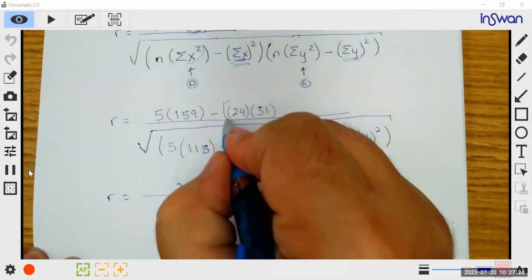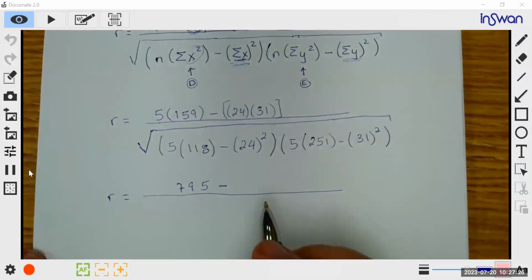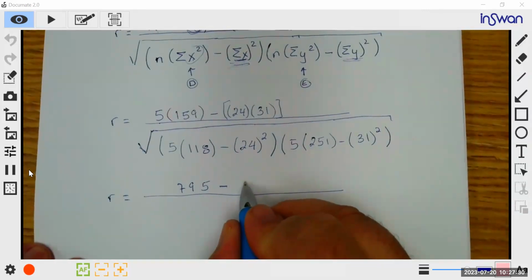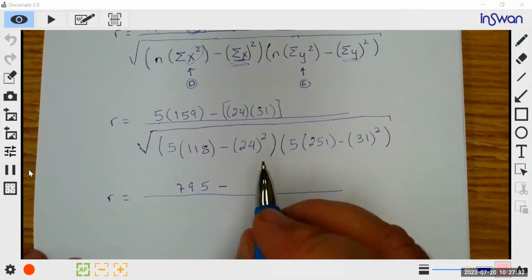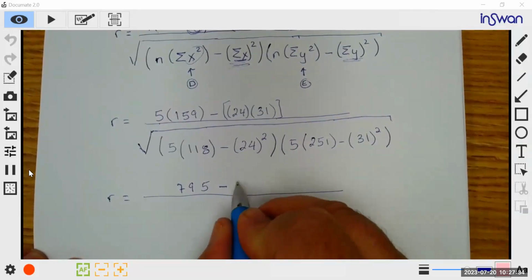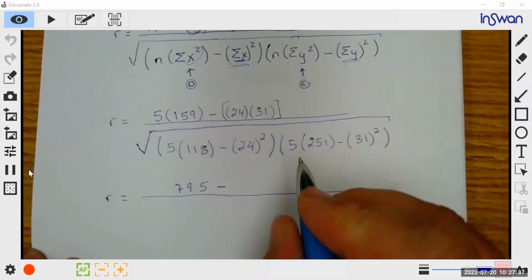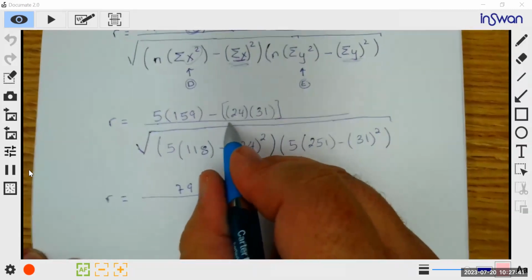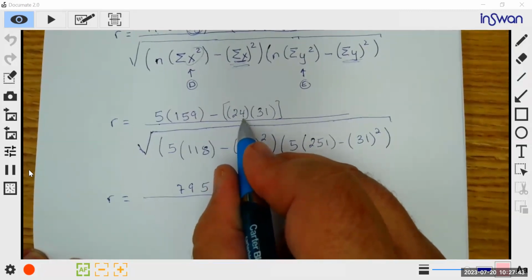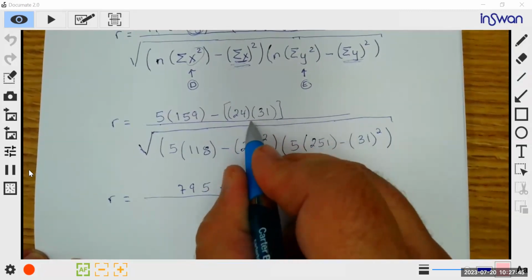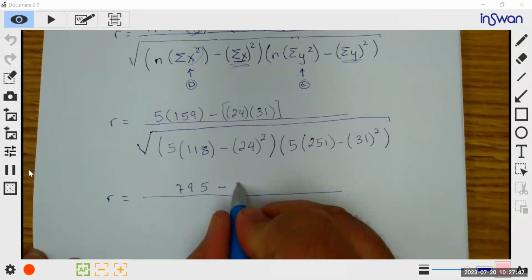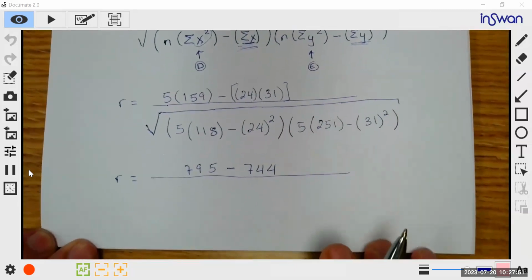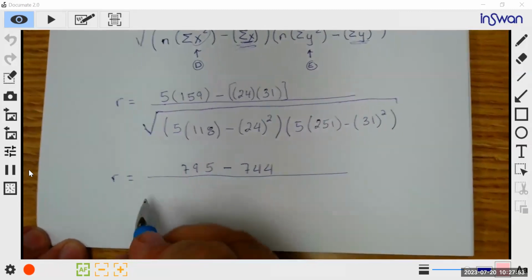Minus 24 times 31. 24 times 31 is 744. So that's the top part.